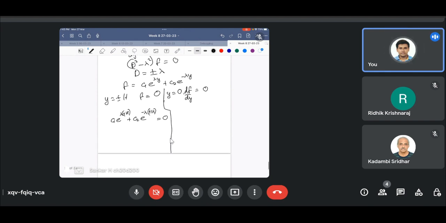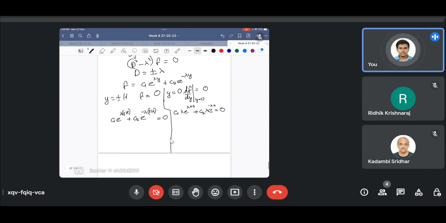Whereas if I differentiate this once, I'll get c1 lambda e raised to lambda times 0, this is at y equal to 0, plus c2 lambda e raised to minus lambda times 0 should be equal to 0.